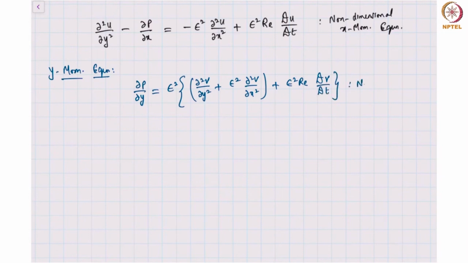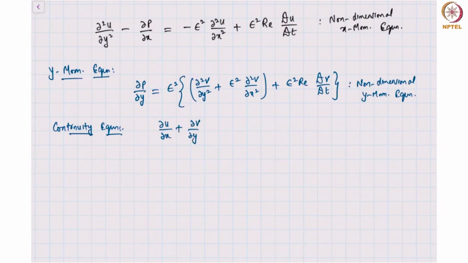This is the non-dimensional y momentum equation. Continuity equation, we have already seen it, but we have not written down the non-dimensional form. This simply becomes del u by del x plus del v by del y is 0. This is the continuity equation.